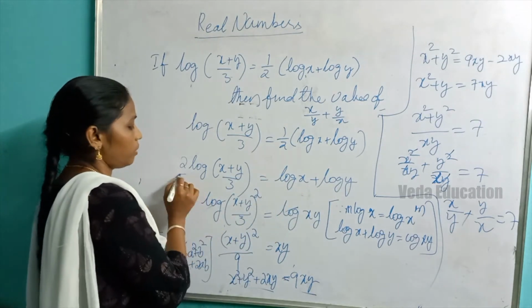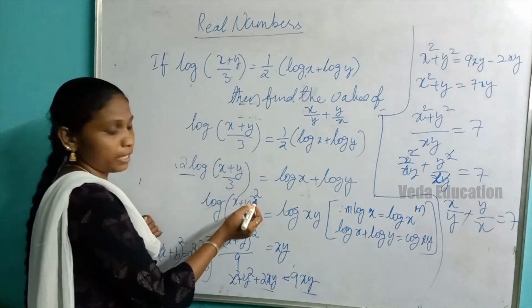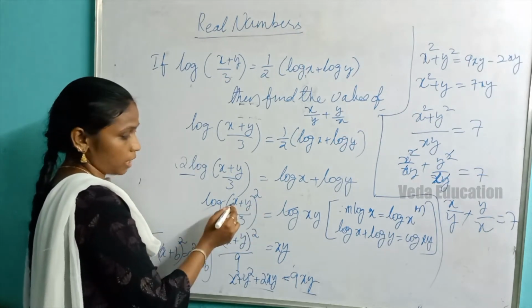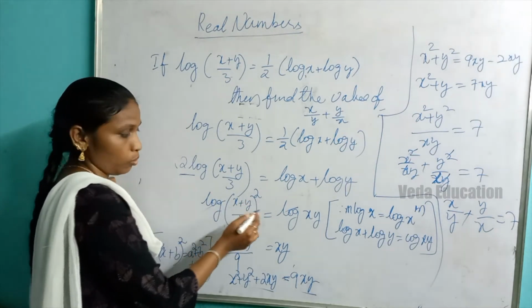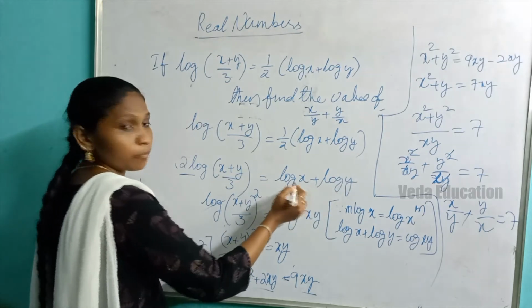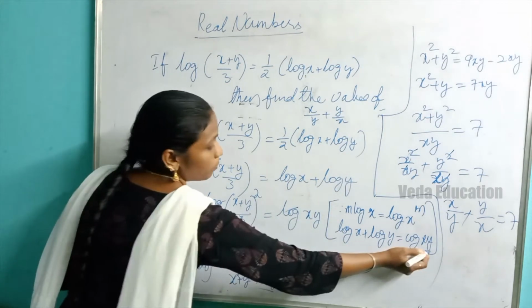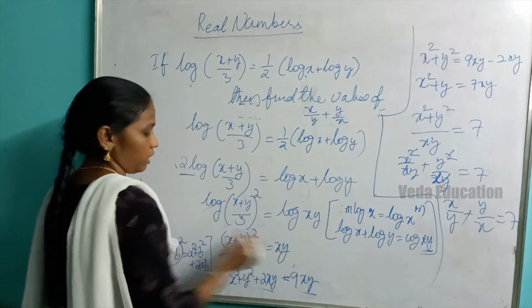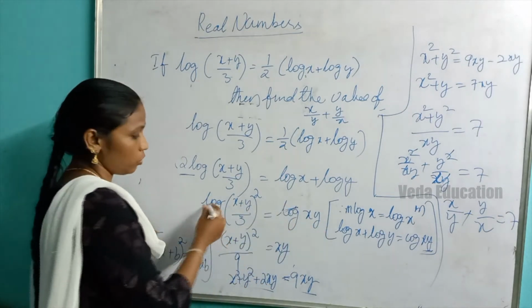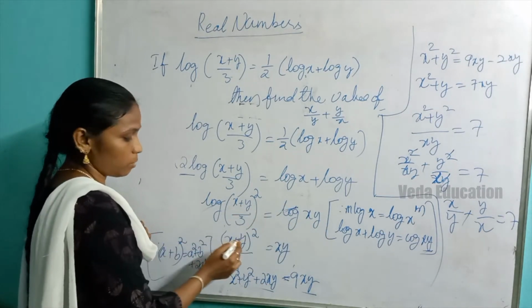Next, if any number is multiplying with a logarithm, we can write it in exponential form. Now log of (x plus y) by 3 whole to the power of 2. And here two numbers are connected with a plus sign, so you can multiply those numbers, product form: log xy. And here we got a single logarithm. So log cancelled. What is left: (x plus y) whole square.